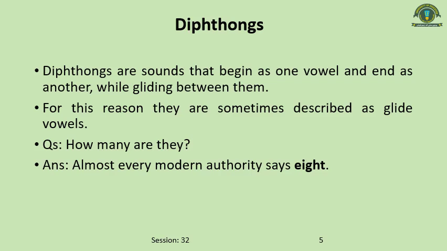Now, there could be a question, how many are they? Every modern authority says that there are 8 diphthongs in the English language. How many? 8. So if there is a question, how many are they? The answer is there are 8. Is it clear?